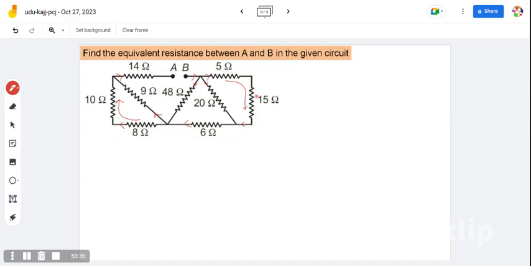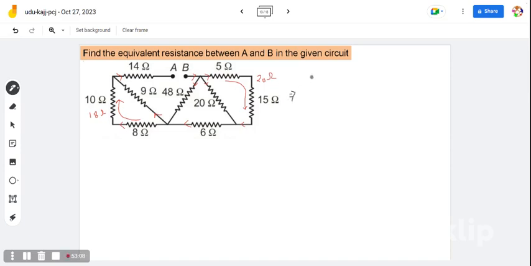So these will be in series. What will be the equivalent resistance? In series, 15 plus 5, so this will get reduced to 20 ohm. For this 8 plus 10, the same current is flowing, so it will be reduced to 18 ohms. Now how will our figure look? We reduce it.